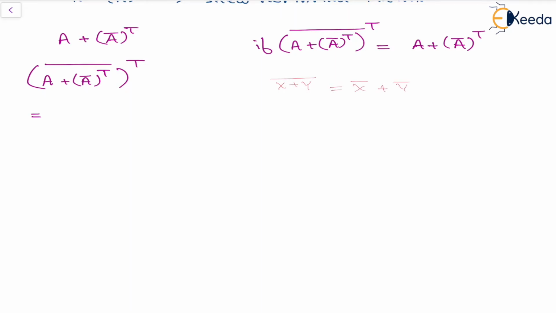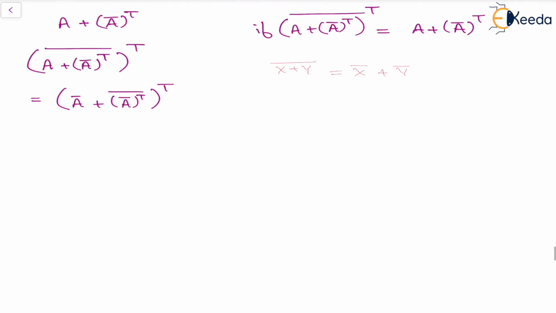So this becomes A conjugate plus A transpose conjugate conjugate whole transpose. Now we also know that conjugate of conjugate of A will become A itself. Therefore, this becomes A conjugate plus A transpose whole transpose.